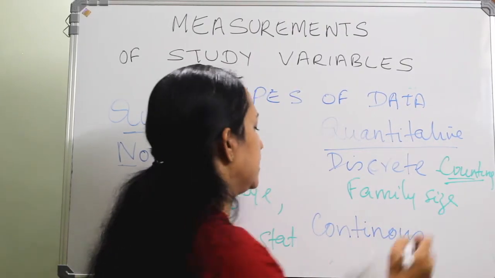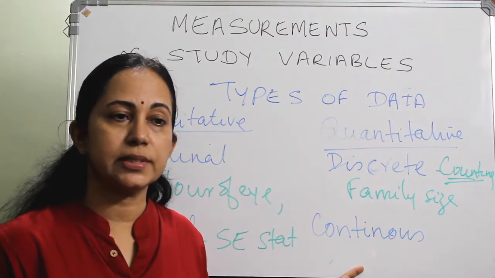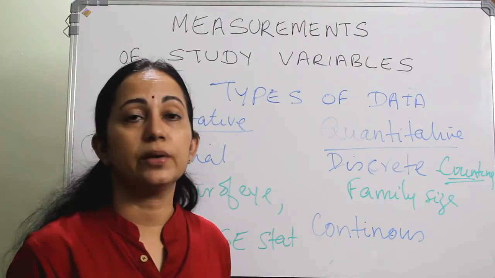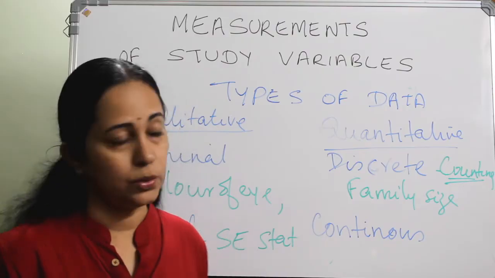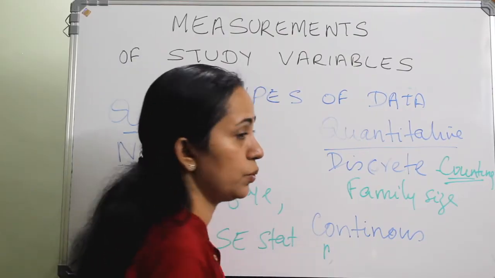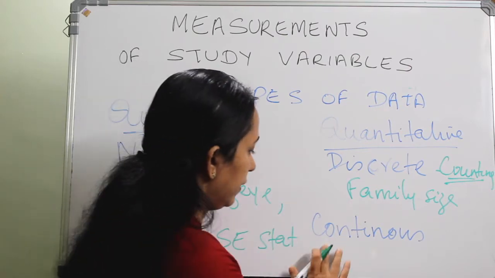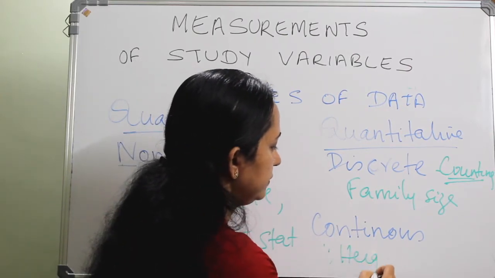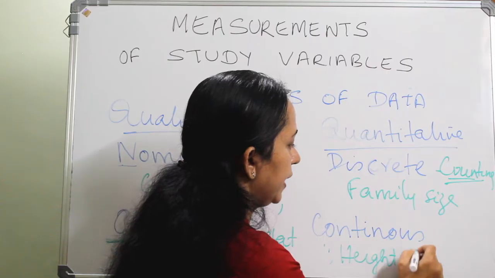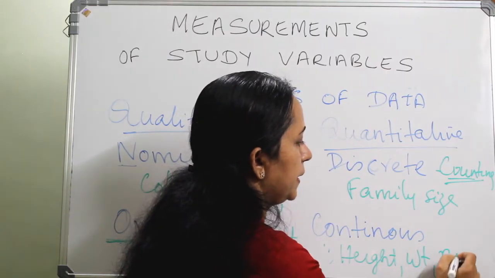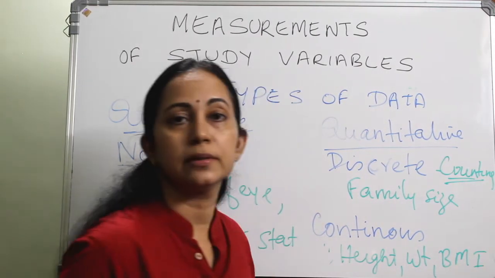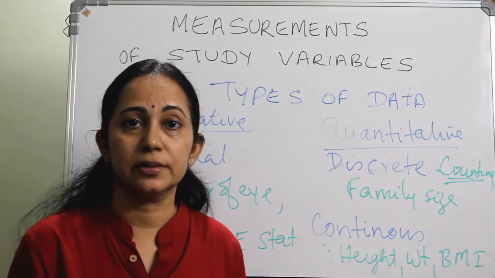Family size, right? And what about continuous data? Continuous data is one we get by measurement. Okay, that is by measurement. So what will be the example? That is the height, then weight, then body mass index, age we measure, isn't it?